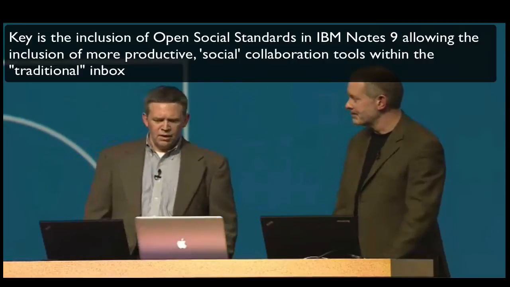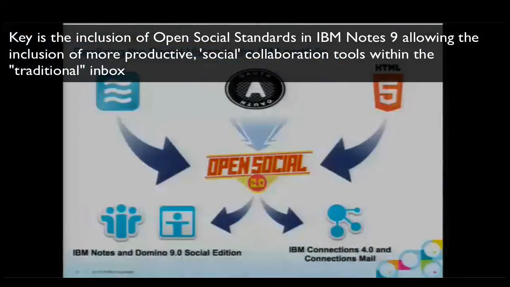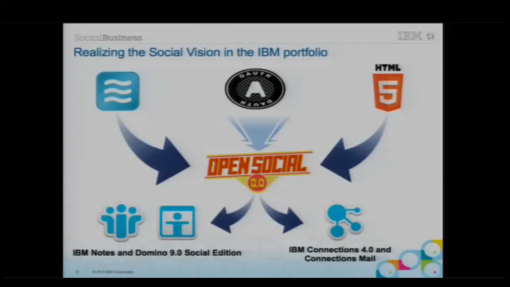Why don't you tell us a little bit about what the technology is that's underlying this? So we've pulled in some industry standard technology. We've been on a pattern of really using open standards as much as possible over the last several years. So when it was time to look at bringing social into Notes, we looked and said, what's the right thing to do? And we settled on Open Social and the Apache Shindig project.